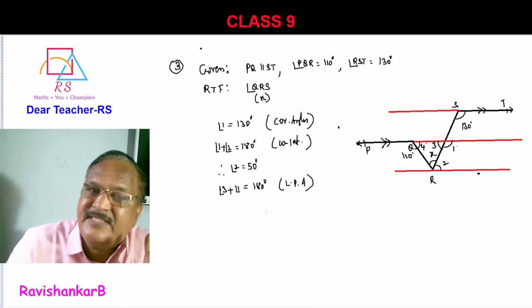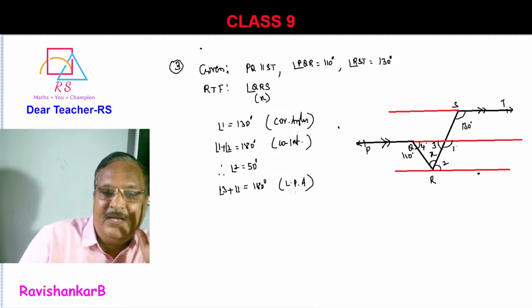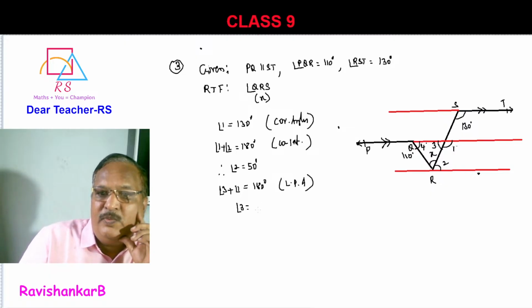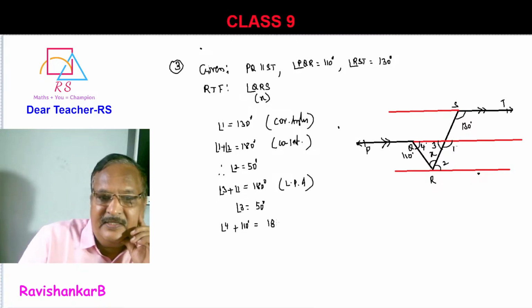So if you write the steps, it will be easy. Then angle 3 is equal to, 1 is 130, so angle 3 is equal to 50 degrees. So then angle 4 plus angle 110 degrees is equal to 180 degrees, linear pair axiom. So therefore angle 4 is equal to 70 degrees.